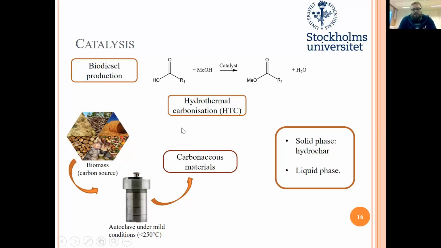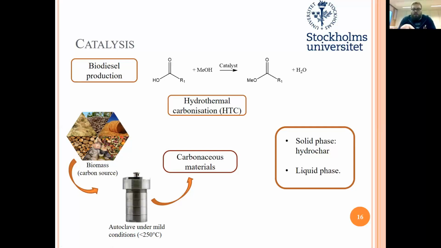For this project, we're using hydrothermal carbonization, which is commonly known as HTC. The HTC uses biomass. We start from biomass and water, and we put this in a sealed reactor called an autoclave. Under fairly mild conditions, we take this sealed reactor into an oven and we heat up to 250, but usually it's closer to 200 degrees.